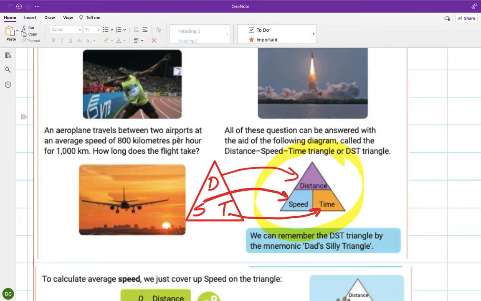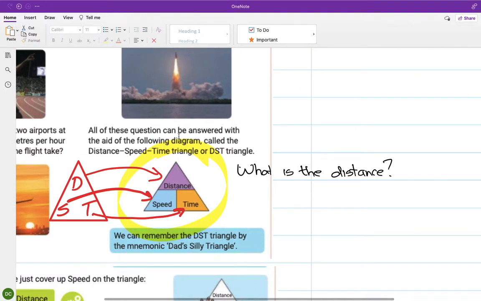Yeah? Okay, and the way you use the triangle, you can use it to get distance, you can use it to get speed, you can use it to get time. So if you have a question and the question says, what is the distance?